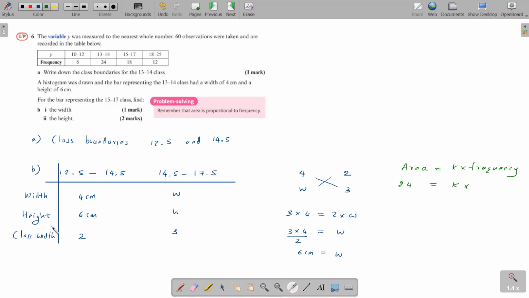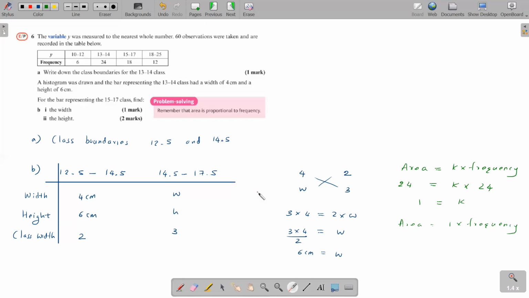In this particular bar, 12.5 to 14.5, the frequency is 24. Can you see? So k equals 24 divided by 24. Actually, k is 1. So we'll use this equation again, which means area equals 1 times frequency. Guys, are you with me?